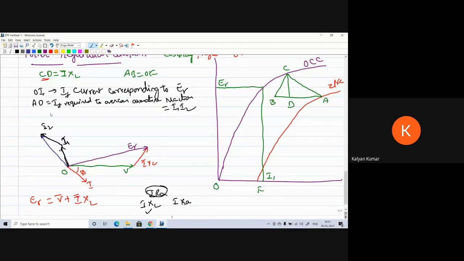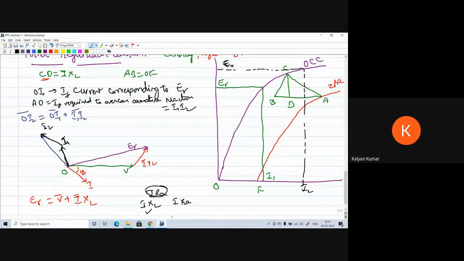So OI1 plus I1, I2 gives us OI2. So this OI2 gives the field current required to get the open circuit voltage. So if this is I2, the voltage corresponding to I2 from the OCC is E0.